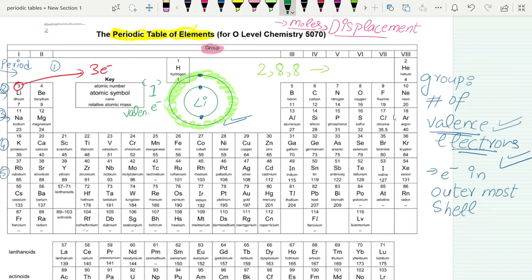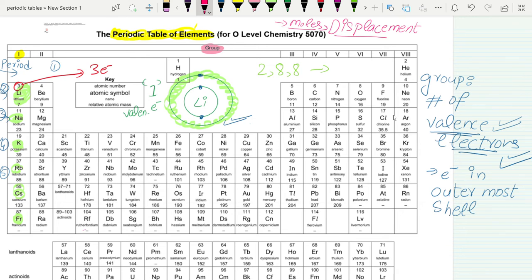And if it has only one valence electron, it must be in group 1. And this tells us that all the elements in a group, for example lithium, sodium, potassium, rubidium, cesium, francium, have only one electron in their outermost shell.